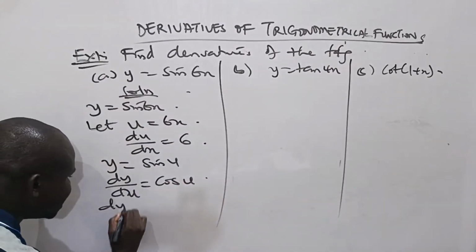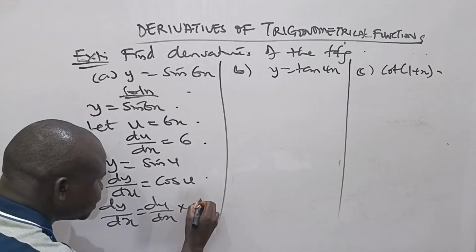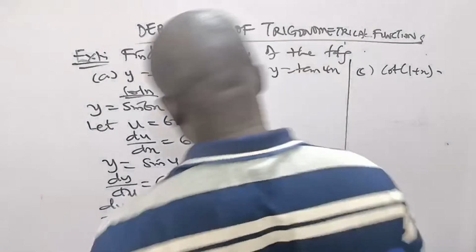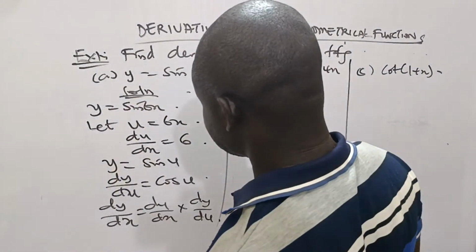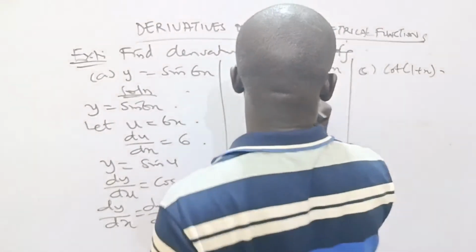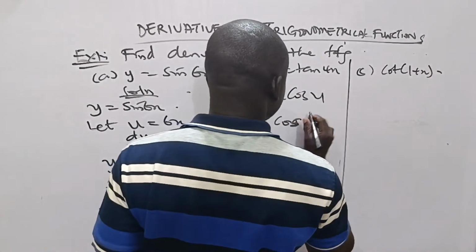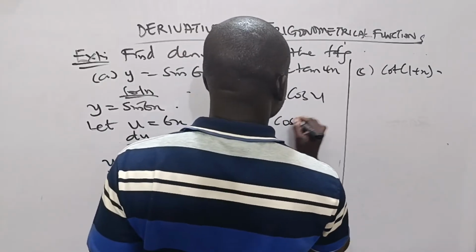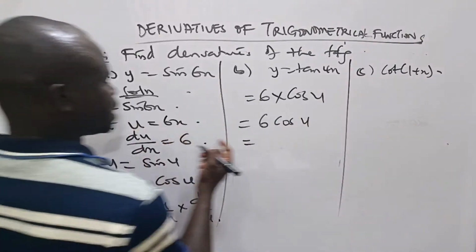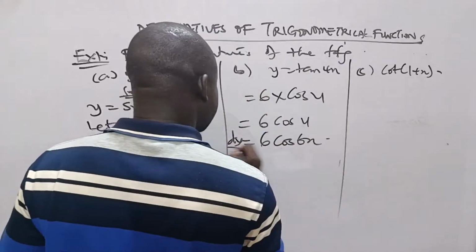So what is dy dx? dy dx will be du dx multiplied by dy du. du dx is 6, multiplied by dy du, which is cos u. At the end of the day, we have 6 cos u. But we are given the equation in terms of x, not u. So we record that u is equal to 6x. We now say 6 cos 6x. So that is dy dx.